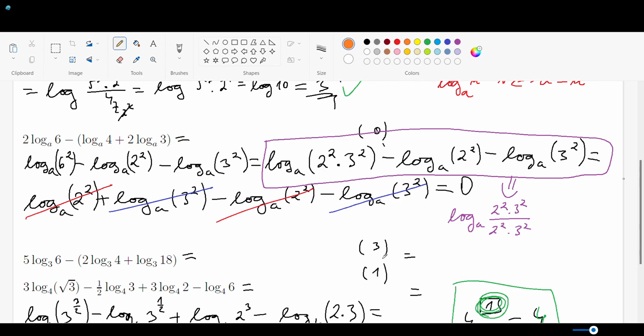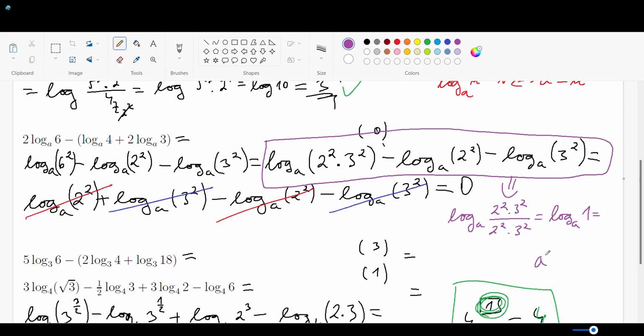But you have to train a lot with the logarithms and with these numerical expressions, and train the rules of logarithms to be really familiar with these useful shortcuts, to find out that this is then equal to logarithm base a of 1. And now it is equal to what?